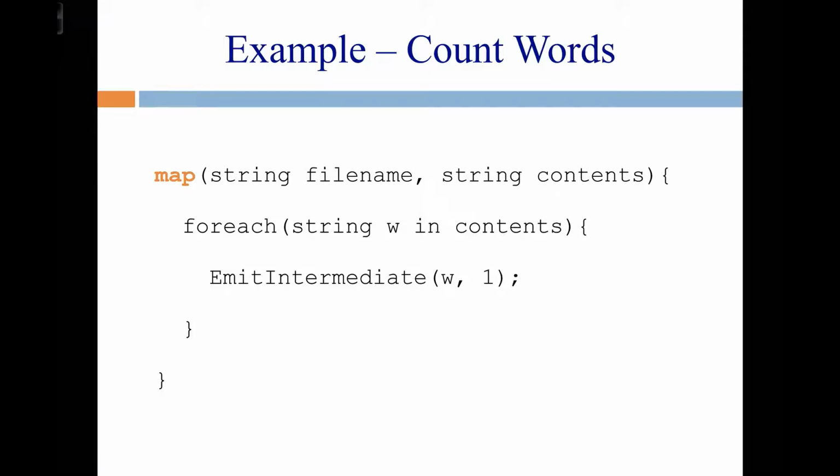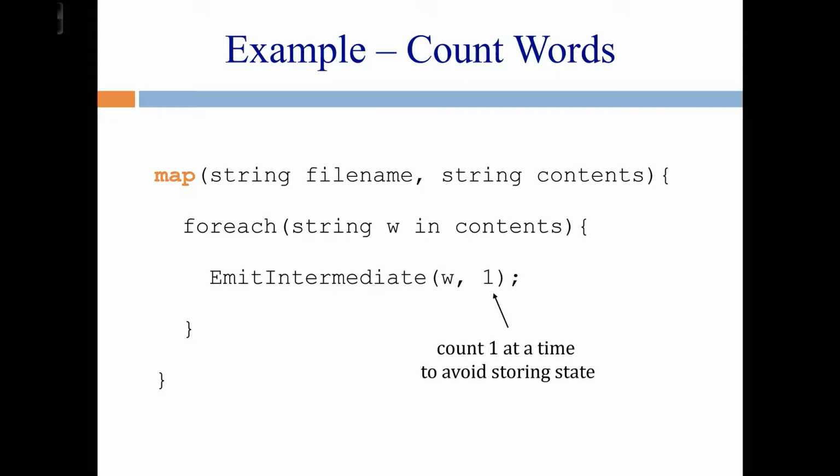And then there's this function, this is an actual MapReduce function, emit intermediate. So you're emitting the output of the map phase. That's why it's called intermediate. So if W is the word, then I emit a W with 1, saying just increase the count of W by 1.